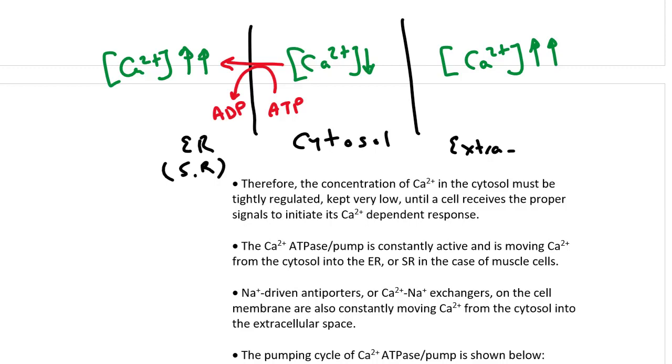Now on the cell membrane, you have another transporter, a cotransporter. And what this cotransporter is doing is bringing sodium in and using that to take calcium out. The sodium concentrations are higher on the extracellular side compared to the cytosolic side. And of course, sodium is positively charged.